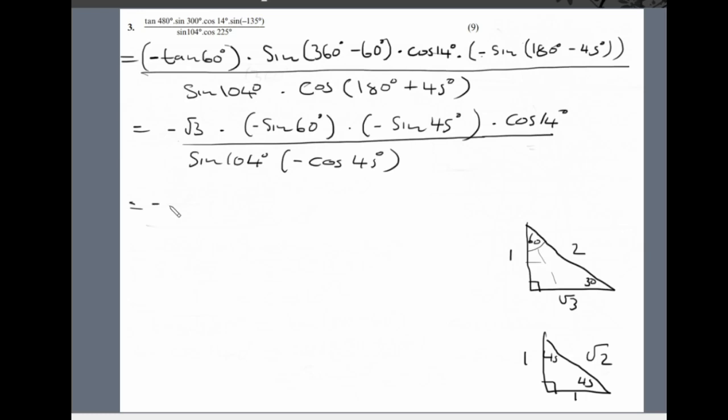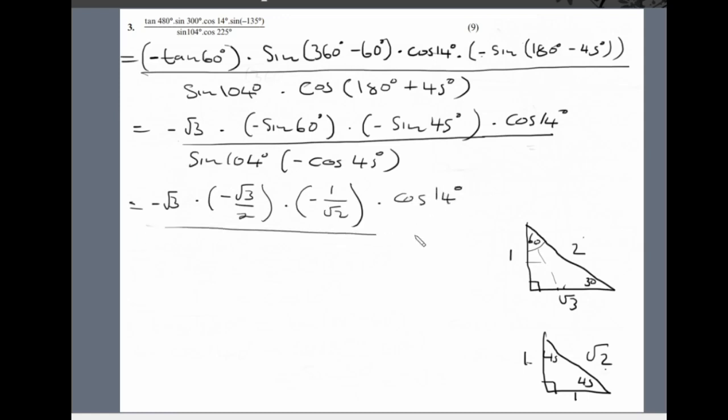So here we have minus root 3 times sine 60. In the special triangle, 60 is opposite over hypotenuse, so it's root 3 over 2, so we have minus root 3 over 2. Sine 45 in the special triangle, 45 is opposite over hypotenuse, so it's minus 1 over root 2. And then we have cos 14 degrees, and sine 104 times minus cos 45.